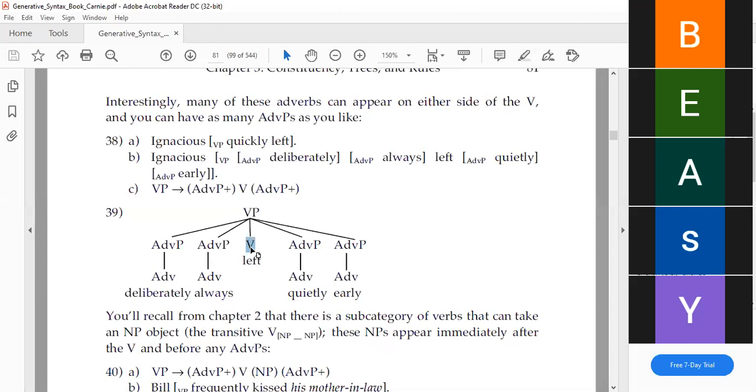Yes, can you repeat the question, please? Now, if we say deliberately, always, quietly, early, all of them modify the verb left. So why are they not attached under V? Why are they attached under VP?